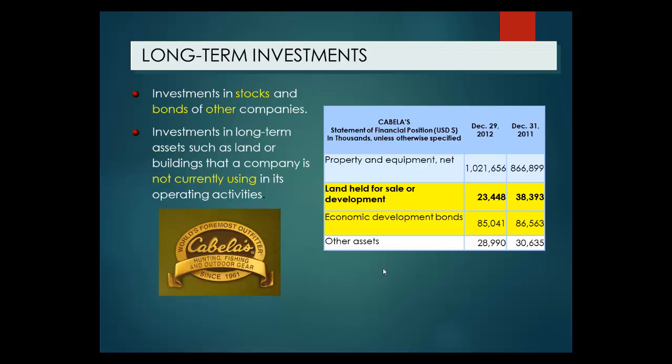So it is land held for sale or for possible development. So here we go, land held for sale, and it looks like Cabela's had 38 million in 2011, but now they only have 23 million. They had some economic development bonds, and those numbers didn't fluctuate dramatically.